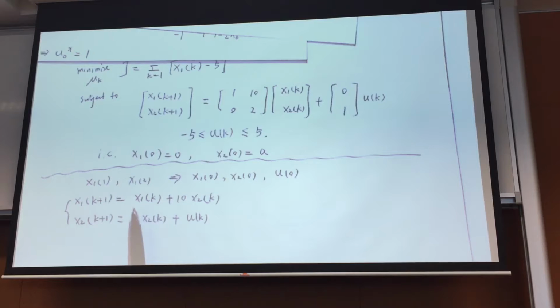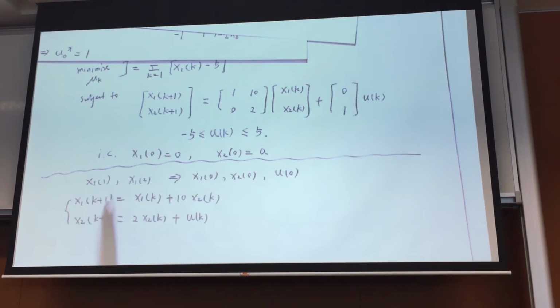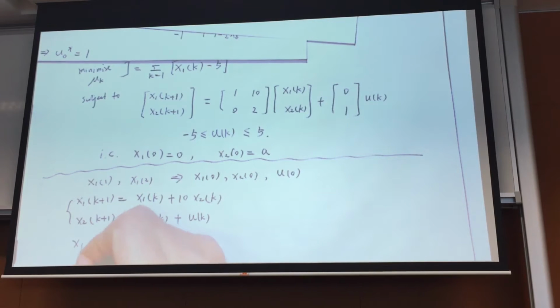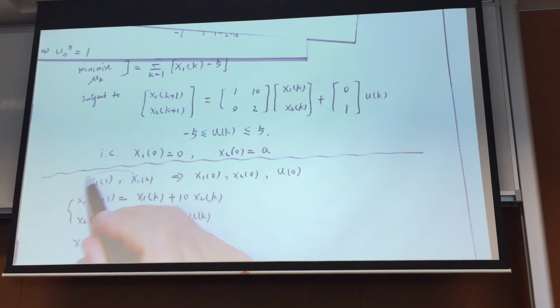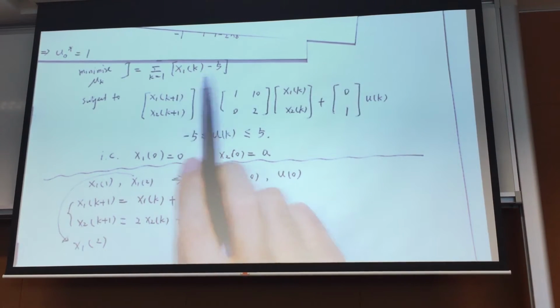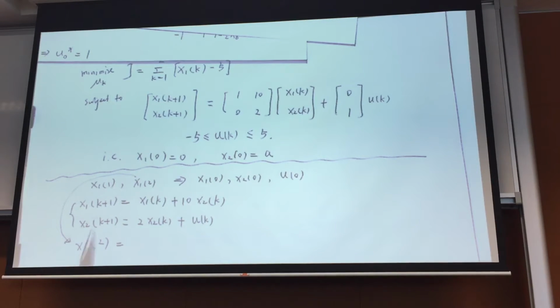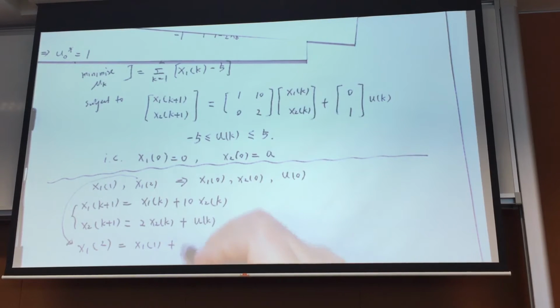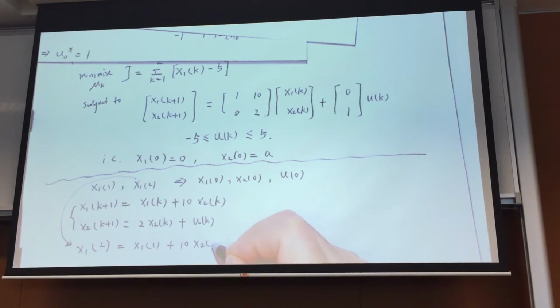From these update equations, we can establish these two quantities. The first one is x12, which we require in the cost function. The x12 is given by x11 plus 10 x21.